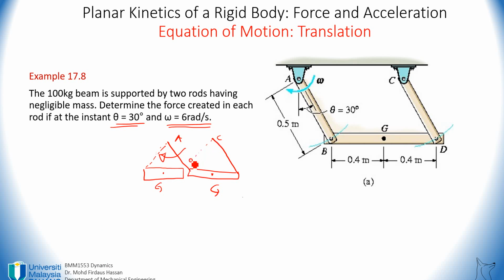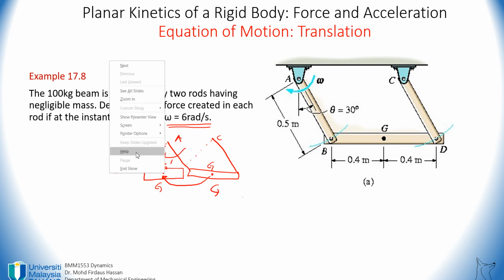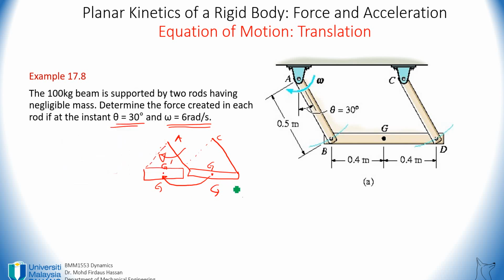And this is C. So it swings like this, which means the motion of G is something like this, G prime. Similar to the edge of this one, it swings with the same path.